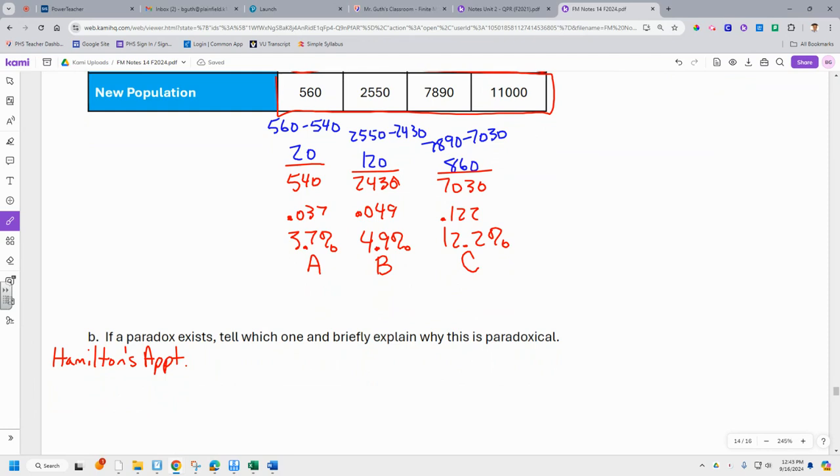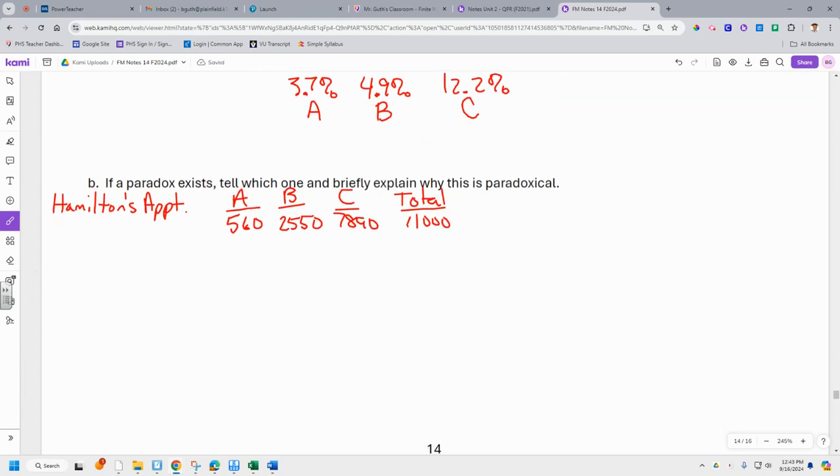All right, let me just copy the table so I can scroll up. We need to do Hamilton's apportionment and see what happens there.